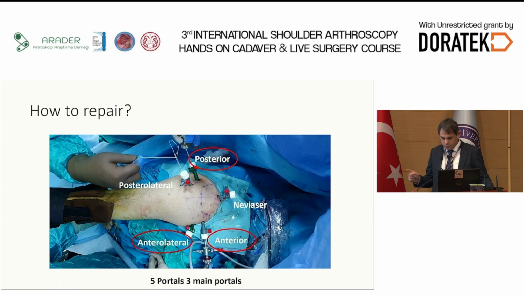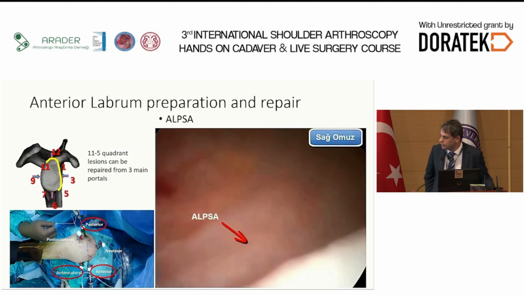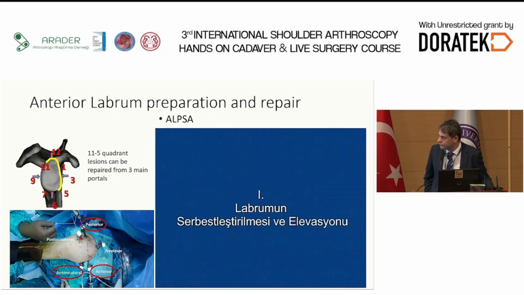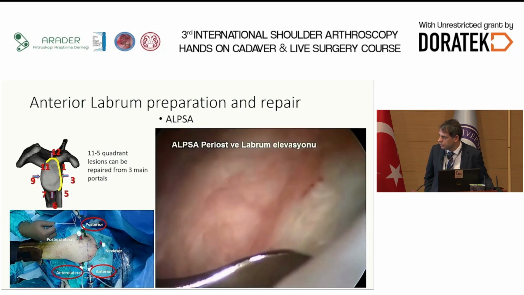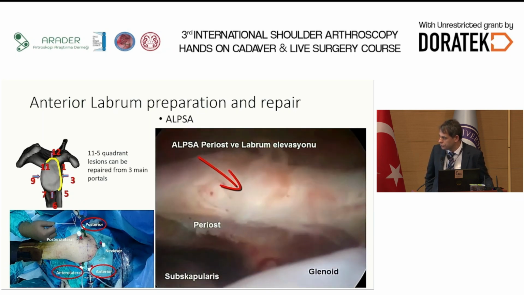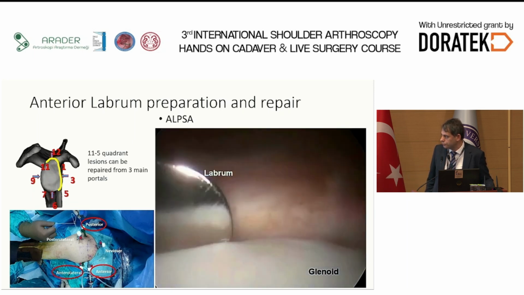These are the posterolateral or Neviaser portals. For a lesion starting from 11 o'clock to 5 o'clock, it is enough to use 3 portals: anterior, anterolateral, and posterior portals. First of all, you have to mobilize the labrum.